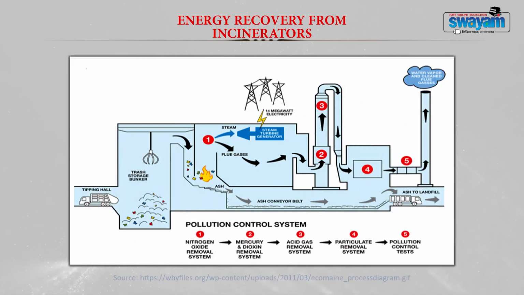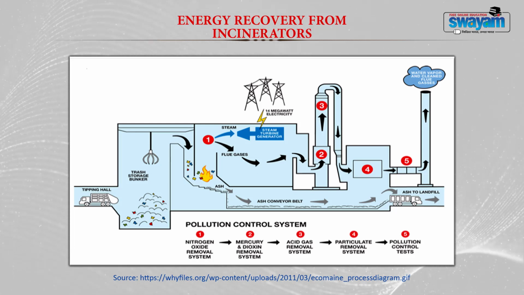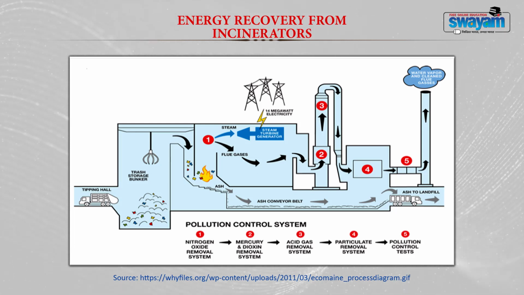Now, this figure shows a mass burn incinerator, the modern incinerator where you have all the 5 different sections we have discussed. On the left side you can see a truck which comes and drops the waste onto a tipping floor, and then it falls into a pit, and from the pit you have a fork unit which picks up the waste and drops it into the furnace.